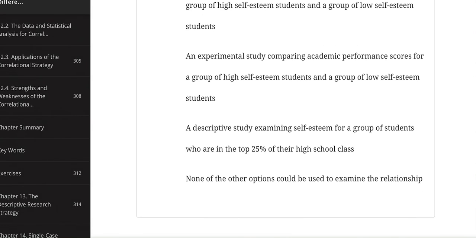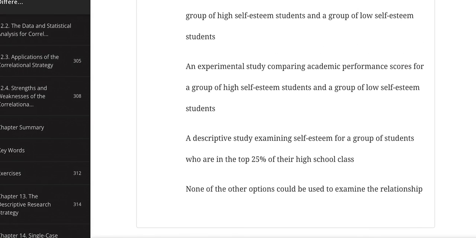And then a descriptive study examining self-esteem for a group of students in the top 25% of their high school class. Well, first of all, we're not even talking about descriptive studies, but second of all, if we're only looking at the top 25% of the class, that is not giving us the full picture, which would not enable us to examine the relationship between self-esteem and academic performance if we're only looking at the people who score high.